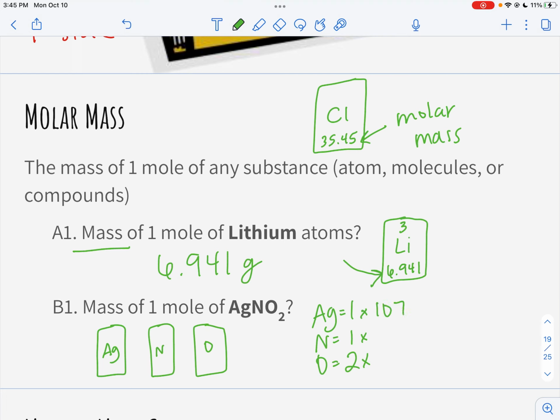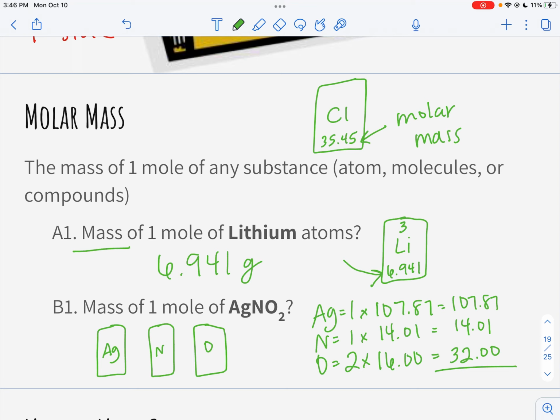So silver is 107.87, nitrogen is 14.01, and oxygen is 16. The only one that I really need to do anything to is oxygen, because it really becomes 32.